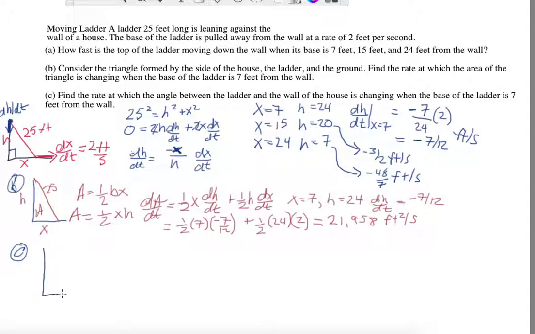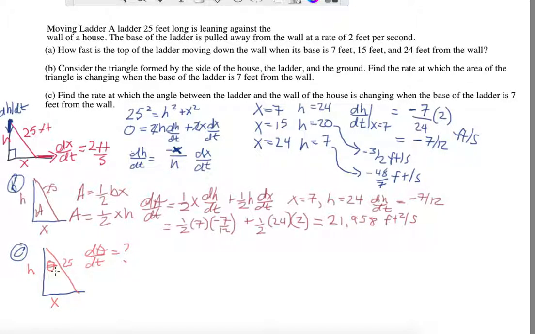So in letter C, there's my wall, here's my ladder. We're looking for how this angle changes, right? So we're looking for d theta dt. And so when we look at our triangle here, we know this is x, h, this is x, and this is 25. So how can we relate theta, x, h, 25?